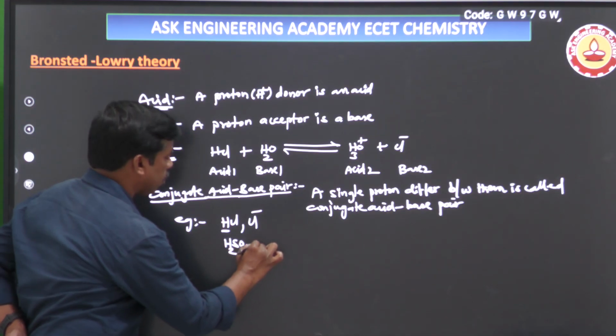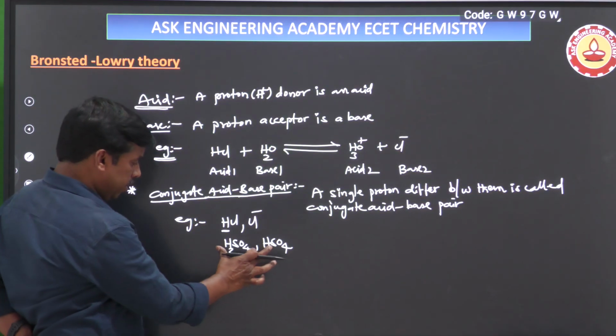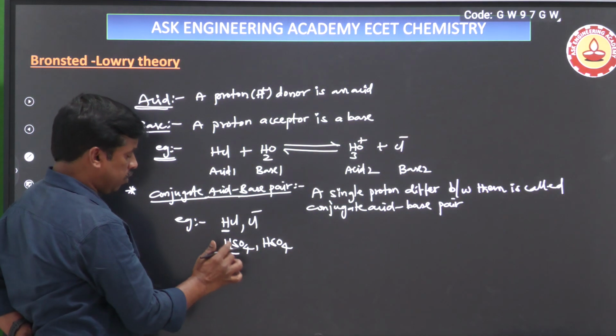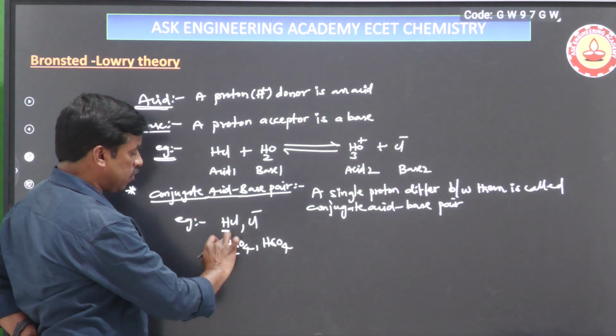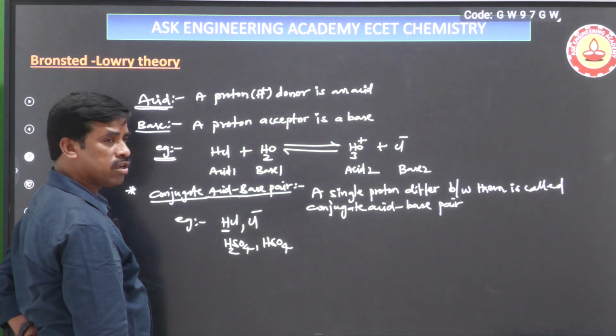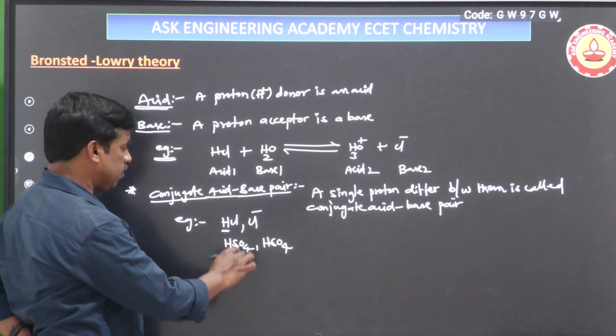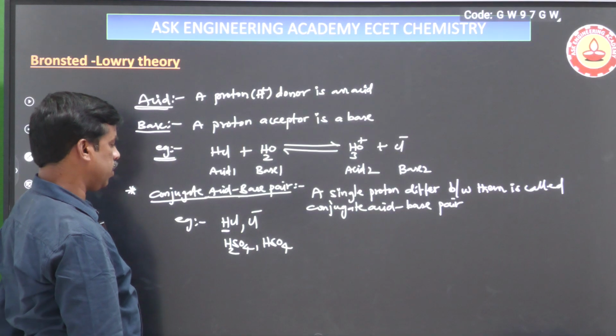And one more I am writing: H2SO4, HSO4 minus. Between these two also we can observe, here hydrogens 2, here hydrogen 1. How many protons differ between them? Only one proton differs. Then it is also a conjugate acid base pair.